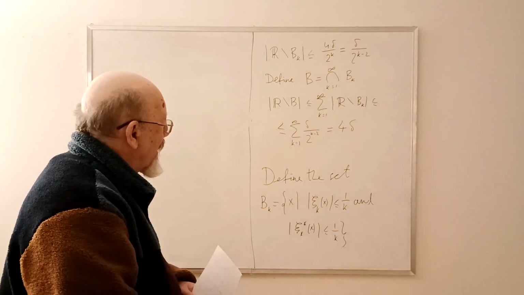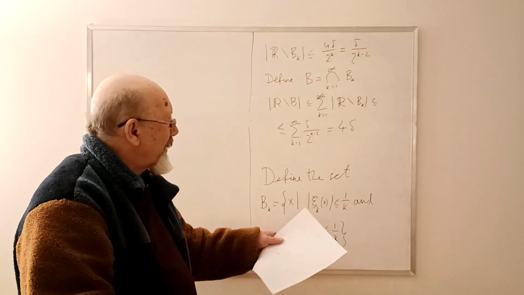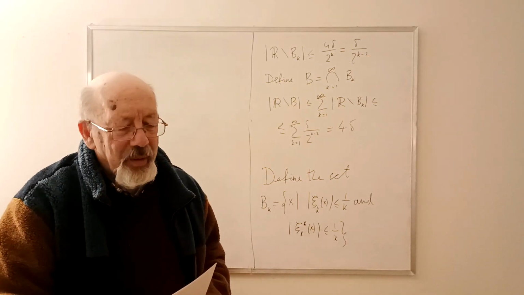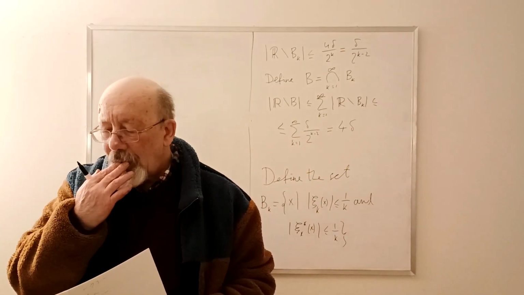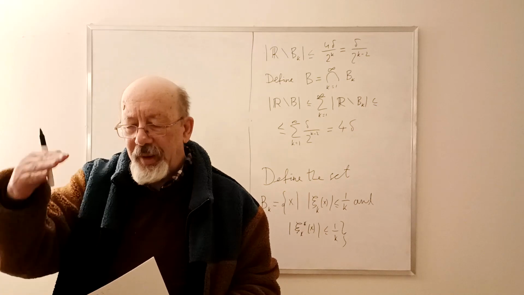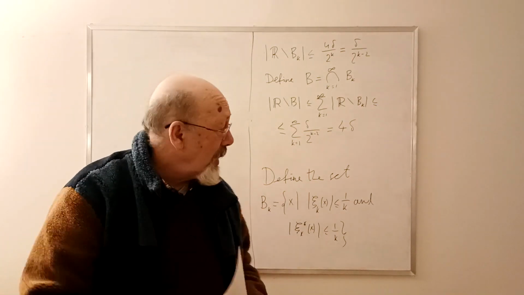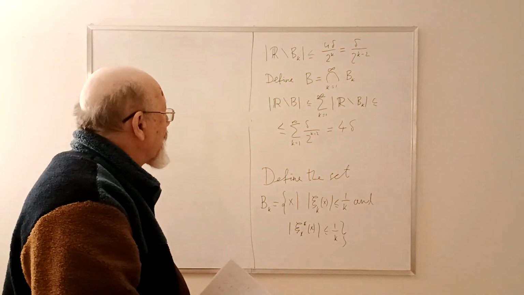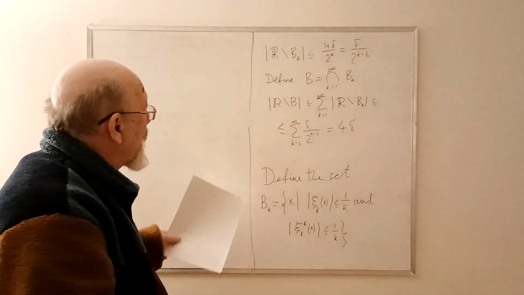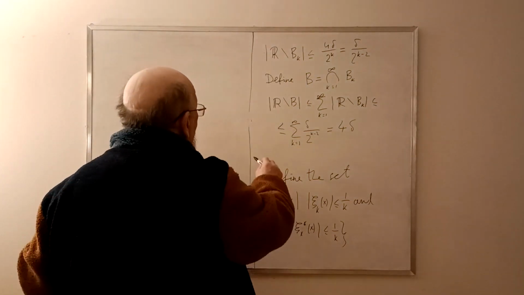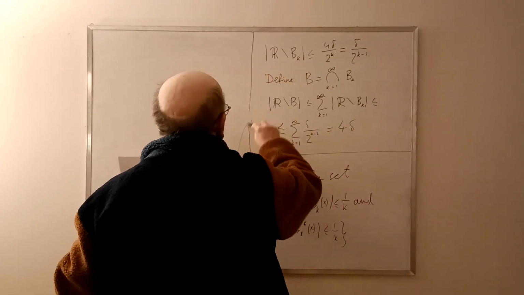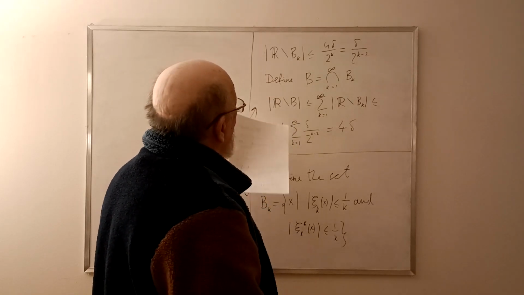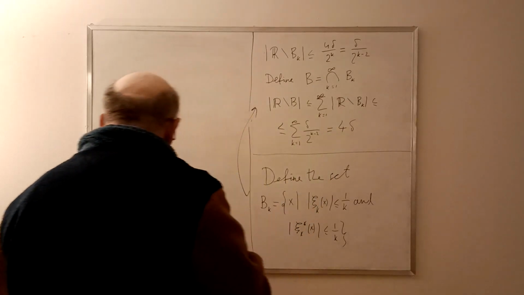Yes, and because ck tend to zero, the L1 norm tends to zero, then we can have this set such that the measure of the complement to this set B is small.